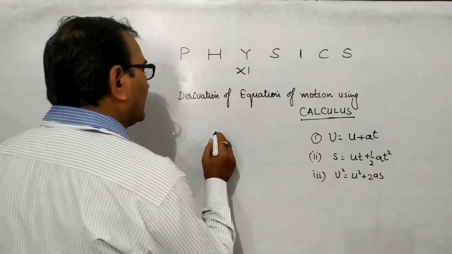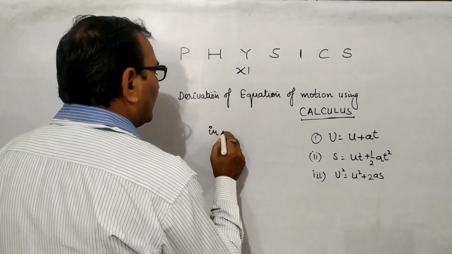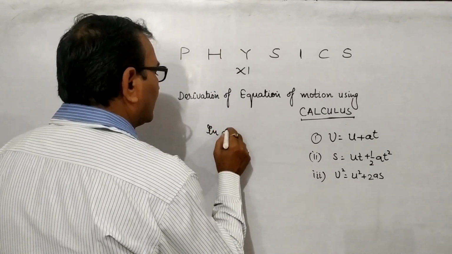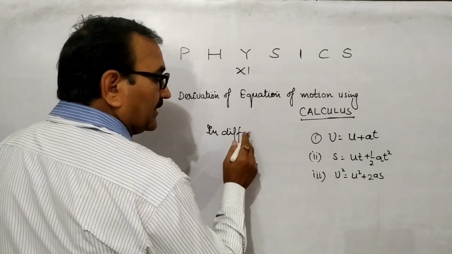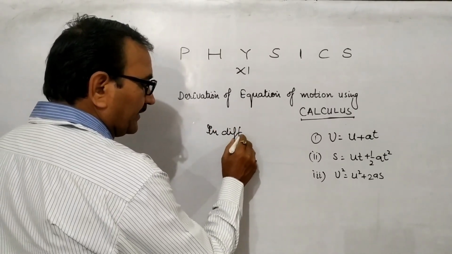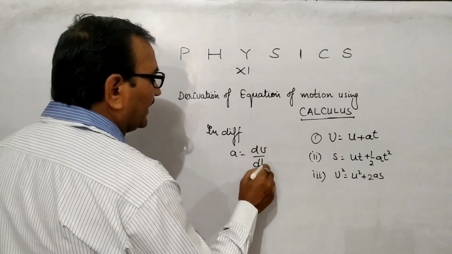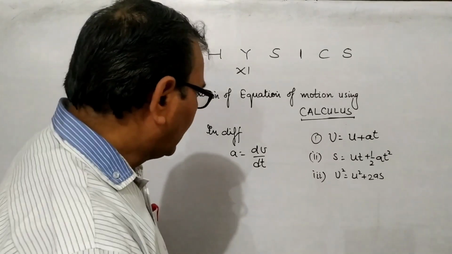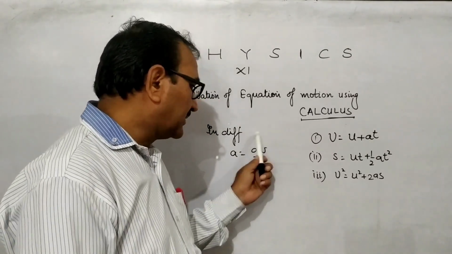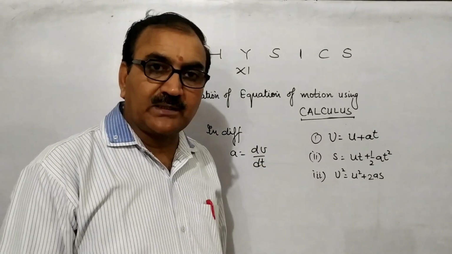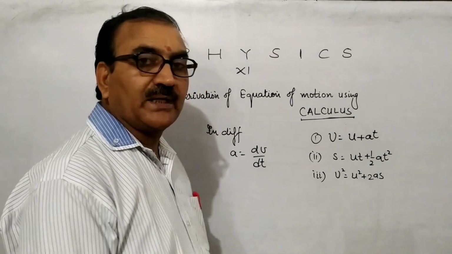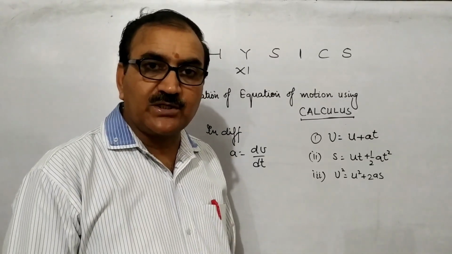And in differentiation, a is equal to dv upon dt. Here a is the acceleration, denoted by dv upon dt, that is, change of velocity with respect to time, the rate of change of velocity.